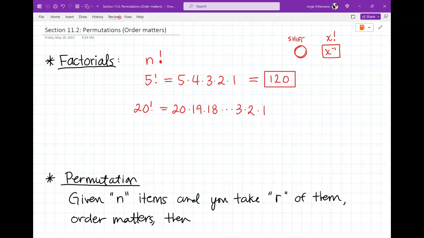I don't even know if it's too big. Let's see. So shift. That gives me a huge number, 2.432902008 times 10 to the 18th. If I write it out in scientific notation, let's just go 3 numbers after the decimal: 2.433 times 10 to the 18th.